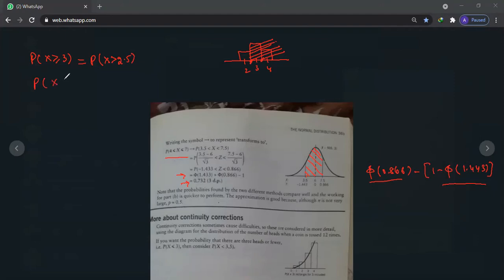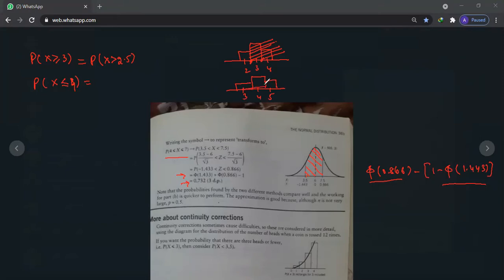Okay. If there is the probability of x less than or equal to 4, now we will draw three rectangles again with 4 in the middle, and 3 and 5 in the neighborhood. Now x is less than or equal to 4.